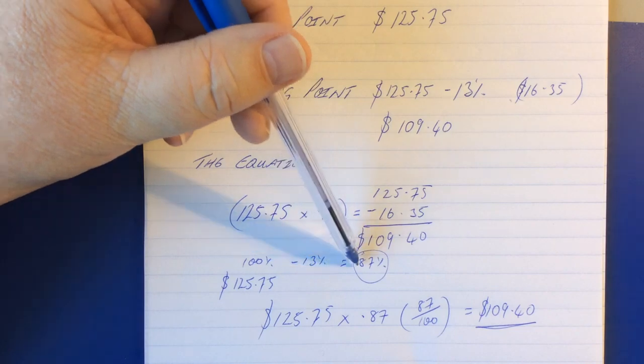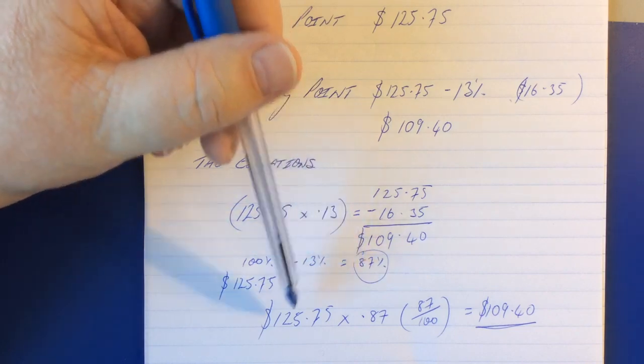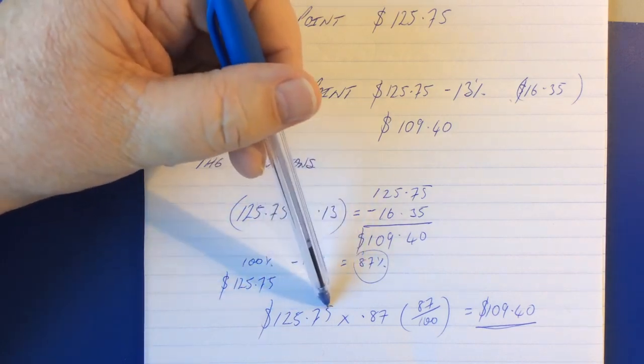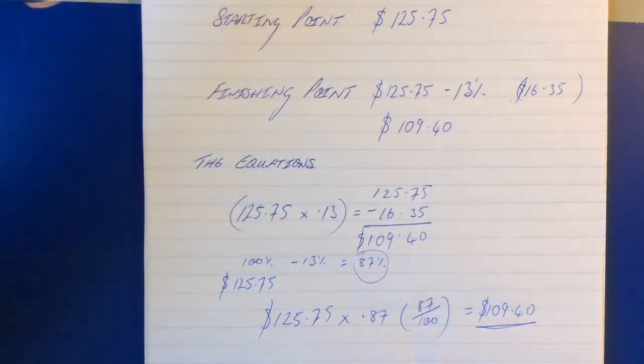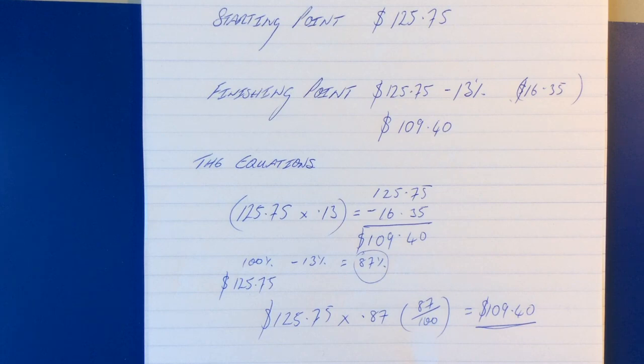I'm taking 13% off that, so I want 87% of $125.75, which is $109.40. And that is certainly my preferred way of looking at discounts, and for that matter, price increases. It's a really handy way to be able to think about these things.